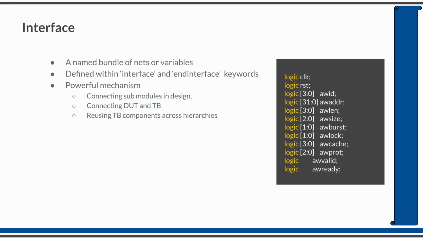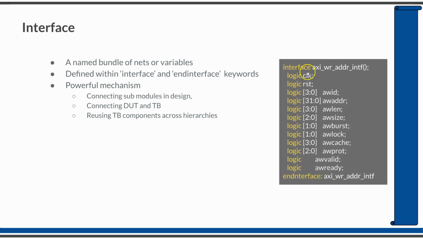Instead of that, you can define a SystemVerilog interface. If you define a SystemVerilog interface like this, instead of individually listing all the signals in the module ports, you can give the name of the interface that you have written here as the module port. We will see more about the usage in the coming sessions.